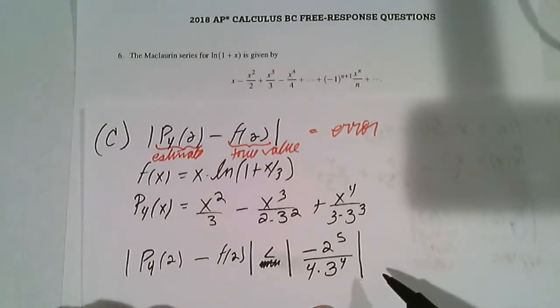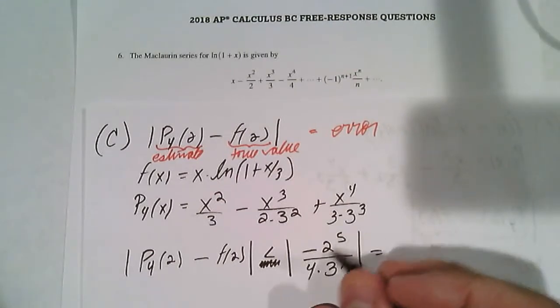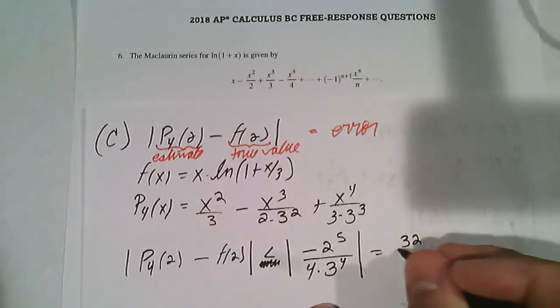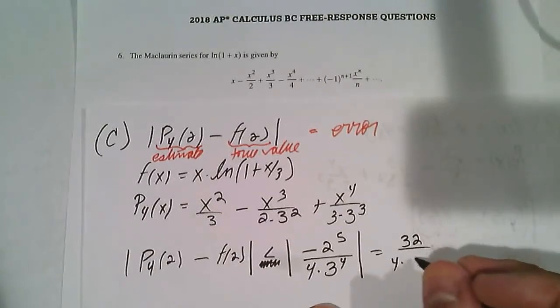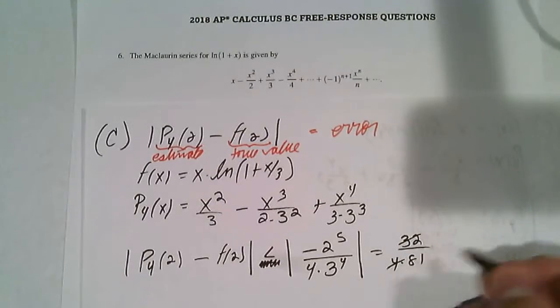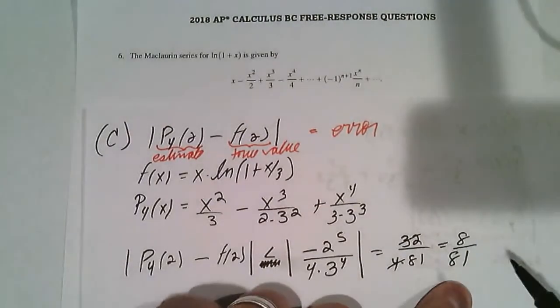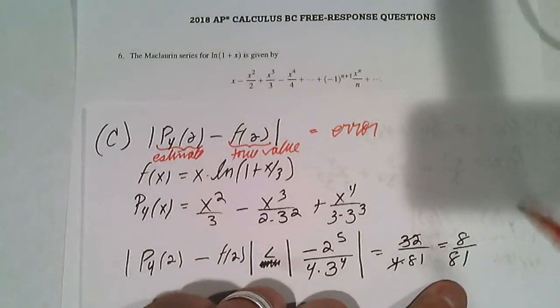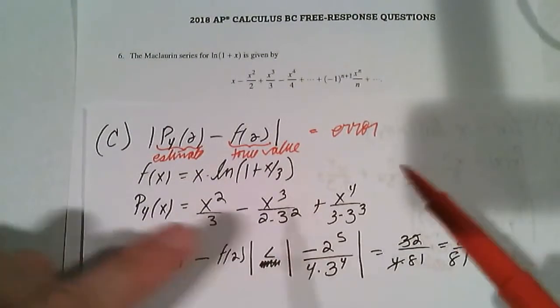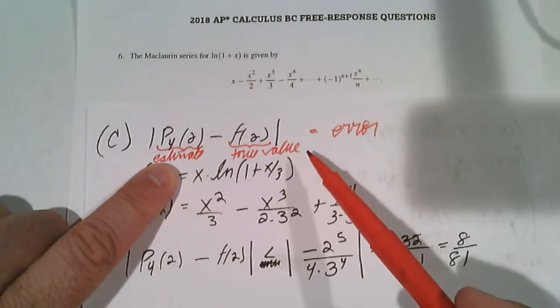So I can stop here, or you can simplify if you want to. Because we're doing the absolute value, the negative, we don't need to worry about that. 2 to the 5th is 32 over 4 times 3 to the 4th is 81. 32 and the 4 I can reduce, so this becomes 8 over 81. The 8 over 81 is the maximum error between my approximation and the true value.